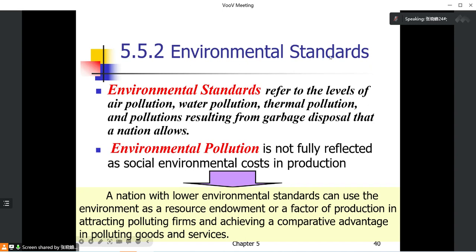Here we come to the environmental standards. I think it is full of meaning, especially nowadays.